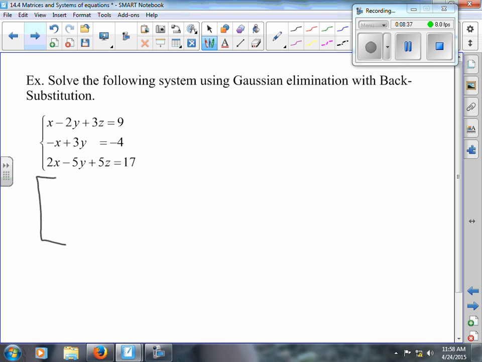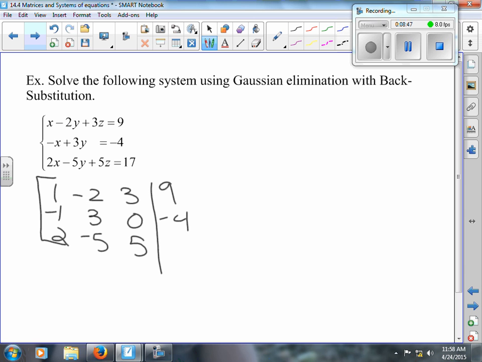First of all, I'm going to write this as a matrix. 1, -2, 3, 9, -1, 3, 0, -4, 2, -5, 5, 17. Okay, so the first thing I'm going to do is just like what we did when we had an entire equation. My first goal is to make this entry and this entry both zeros.